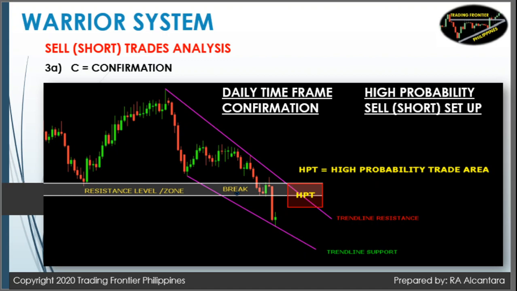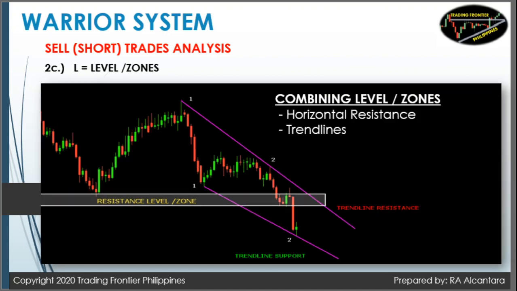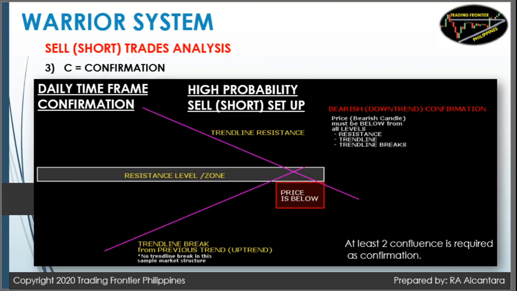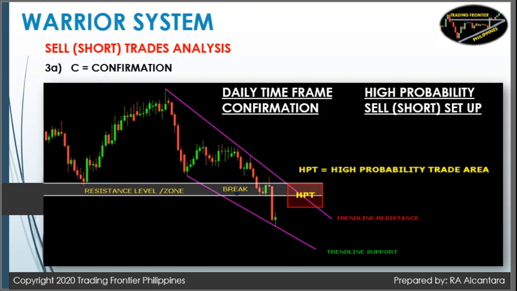So, di ba meron tayong combination kanina? Ito yun. Combination of everything. So, if we would apply this, ito ang kanyang kalalabasan. So, meron tayong tinatawag na HPT, di ba? HPT is your high probability trade area. So, that is the area na magpe-place ka ng trade.